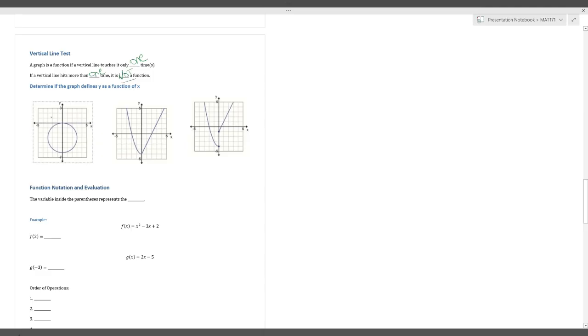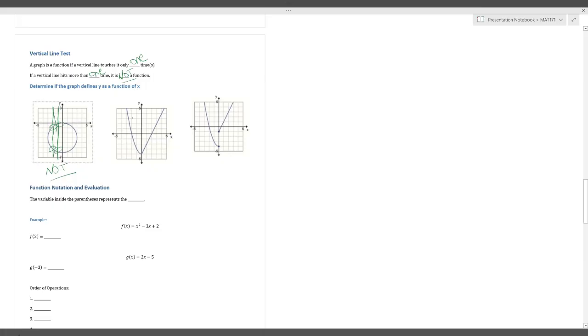So if we think about this first graph, any vertical line drawn through this graph is hitting the graph more than once, which makes this not a function.